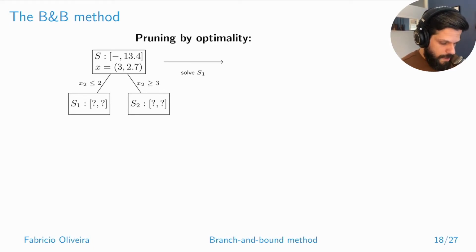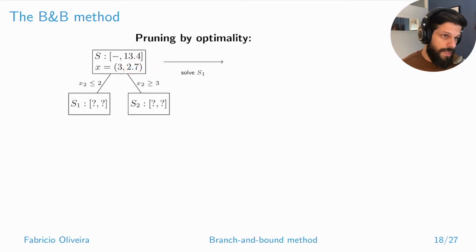In this case, because our dual bounds are upper bounds, that means that we are maximizing. So we don't have a lower bound available yet because we don't know any primal feasible solution. But this is our dual bound we obtained, 13.4, and that's the solution we obtained. It's a two variable problem, so we found 3 and 2.7.